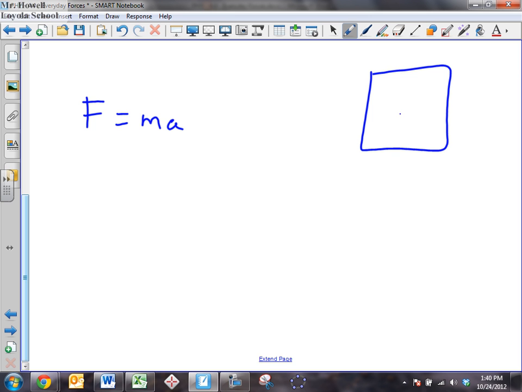So all you need to do is this, and that's our sum of the forces. Sum of the forces in the y equals mass times the acceleration in the y.